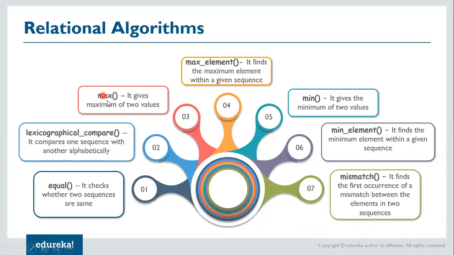So this is out of two, and this is in a sequence or in a container. If you have a number of elements, it will find the maximum of that. This will find the minimum of two. This will find the minimum out of a sequence. Then it will find mismatch. It finds the first occurrence of mismatch between elements of two sequences. So these are algorithms where a relational operation is performed, comparing one with another.